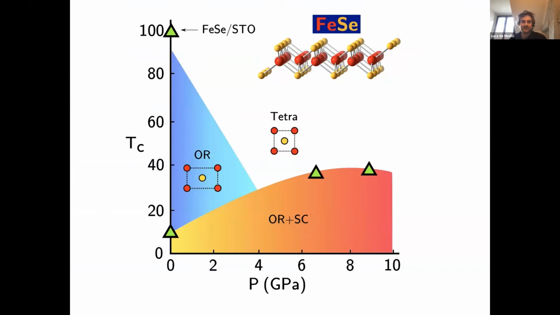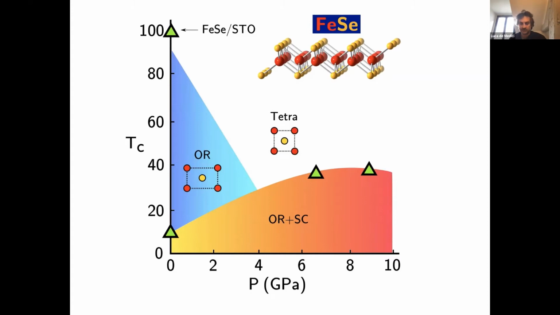In the phase diagram, it doesn't have magnetism, but like the other ones, it has an orthorhombic distortion at low temperatures, in which superconductivity arises. I'll focus mainly on the tetragonal high temperature phase, but we'll also say something about the superconducting phase.